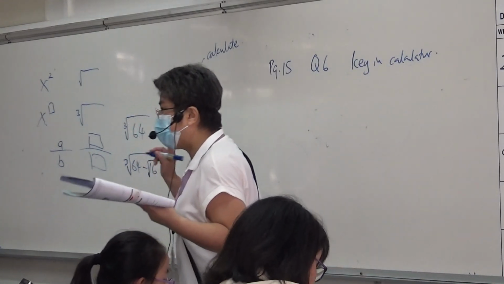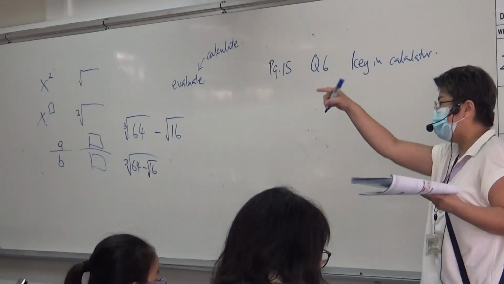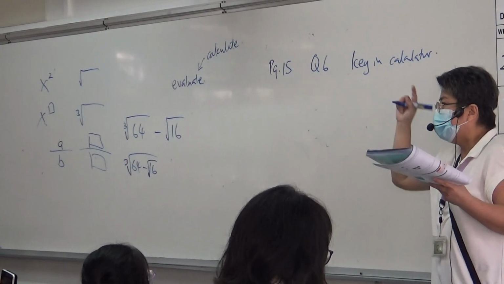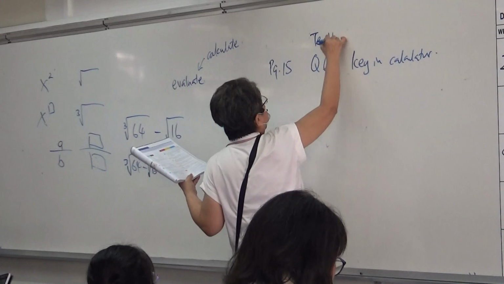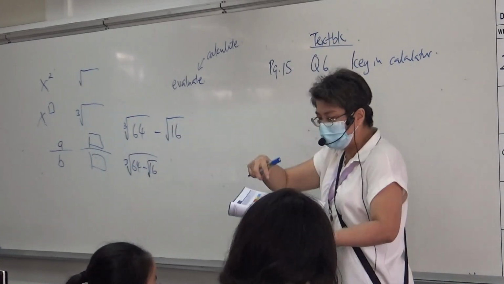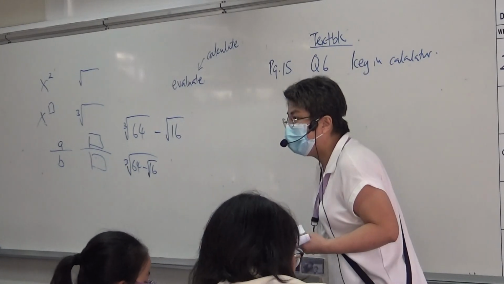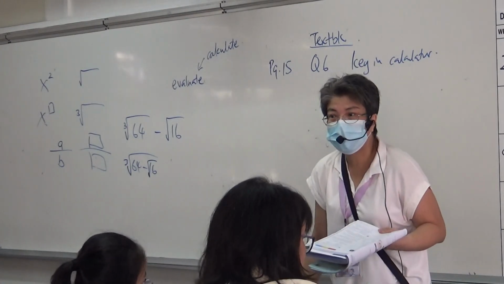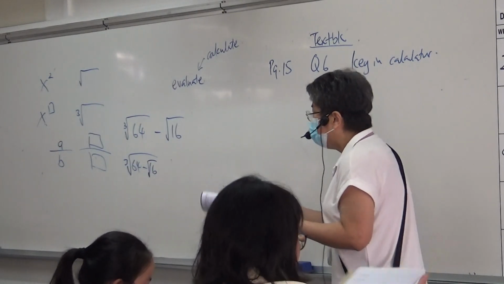Understand? If cannot get, tell me. Friday we'll key in together. If can get, it's okay. Question 6, do it in the textbook. Just write the answer beside or right below. You key in then write over here. No need to do working out, right? Everybody knows what I'm talking about? Yes or no? Okay.